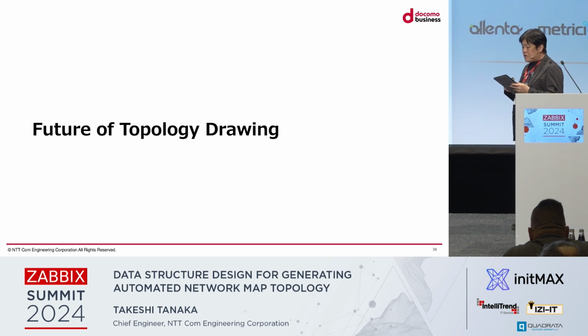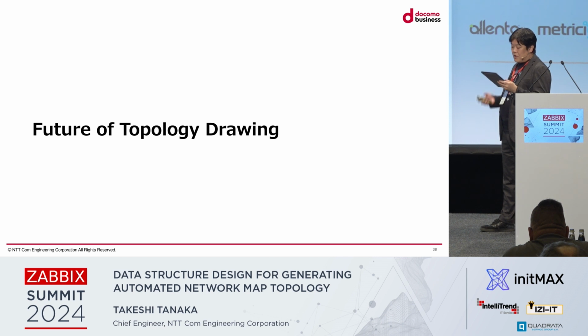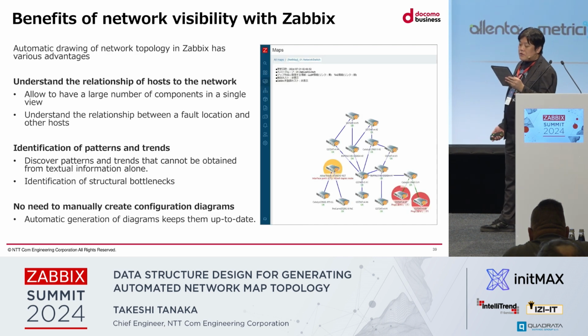Finally, let's consider the value of integrating Zabbix with topology. There are advantages to working with Zabbix and network topology: visibility of relationships between hosts, discovery of patterns that are not visible when looking at portions of the network, and awareness of the presence of structural bottlenecks.